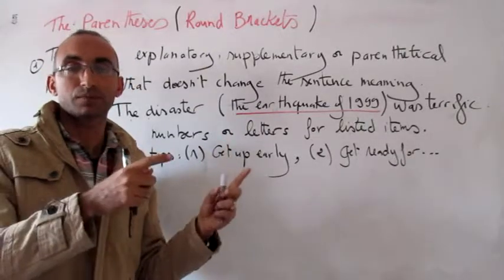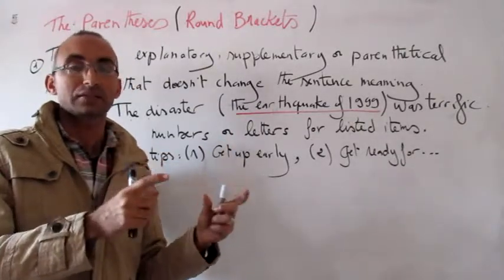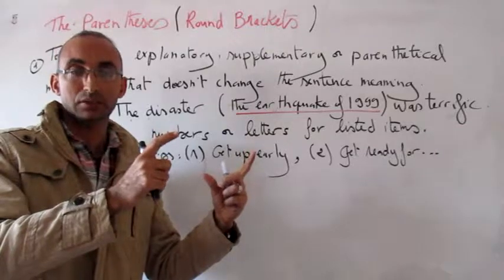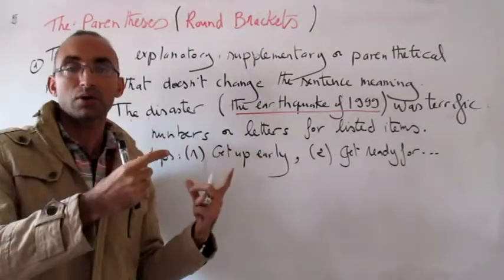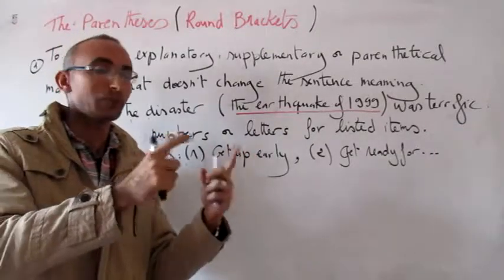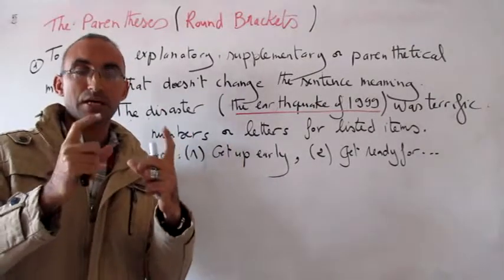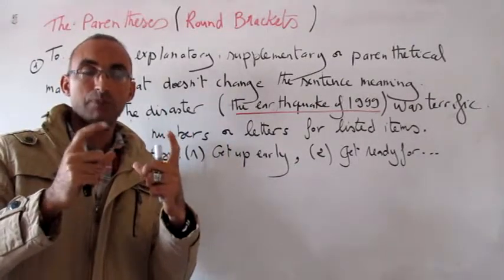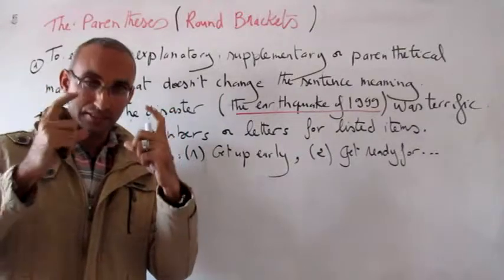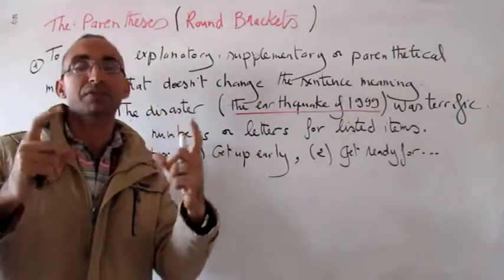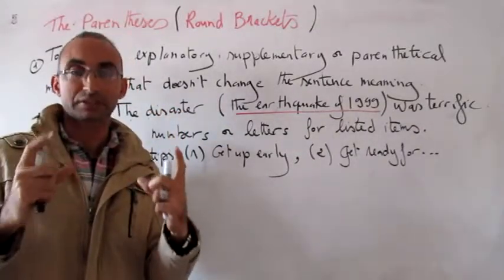If you start in the sentence with the full words of an organization or association and so on, and you put after them the acronym or abbreviation, you place this between parentheses.